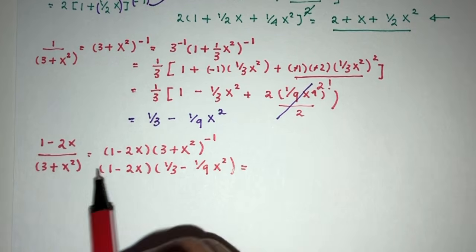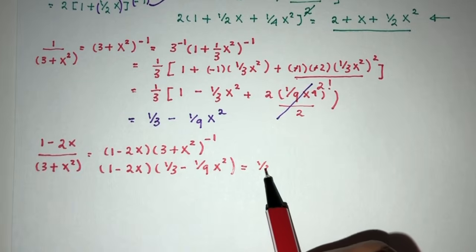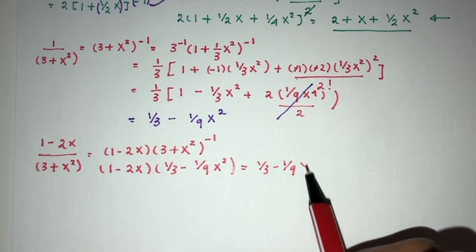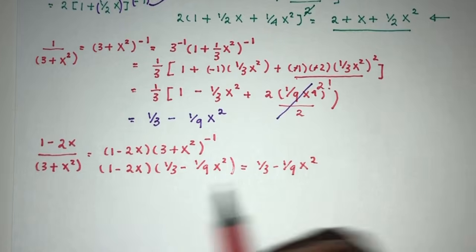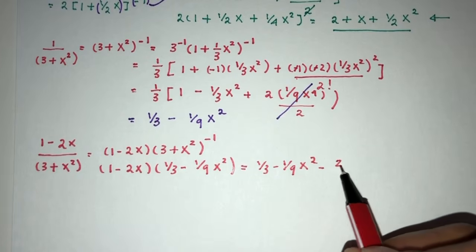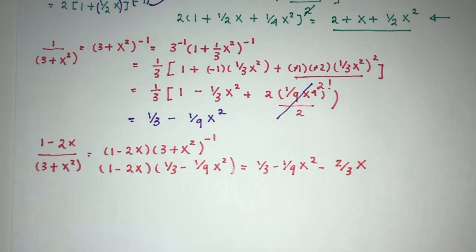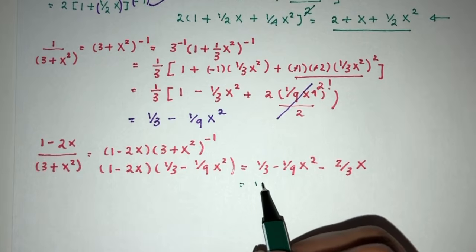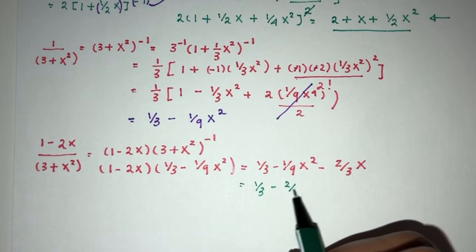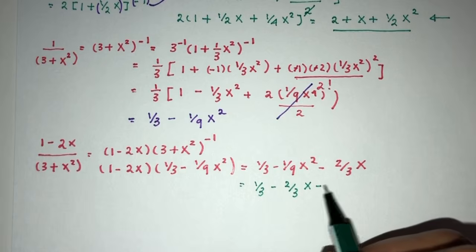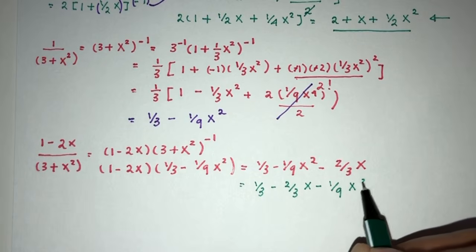That will be the same thing as 1 times this. You will have this first, right? And then this you will have minus 2 over 3 x. Here if you take this times, this will be power 3. We don't need that. We just need this one. Okay, so that will be 1 over 3 minus 2 over 3 x, and minus 1 over 9 x squared.